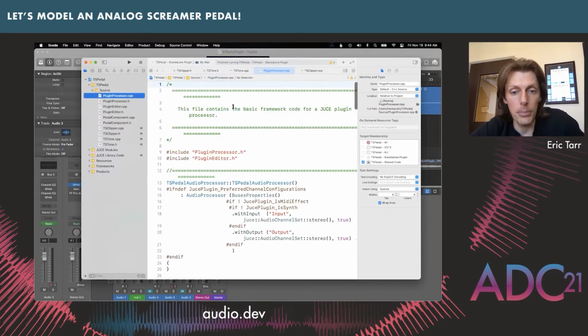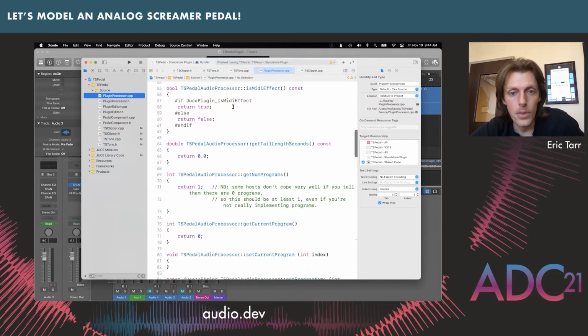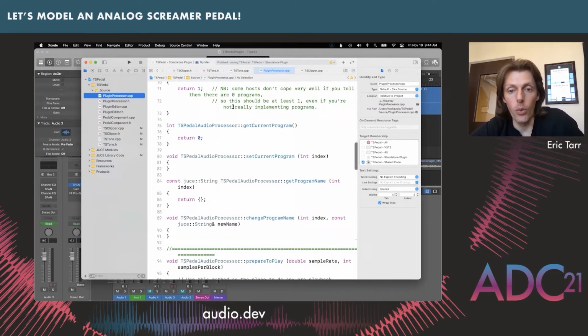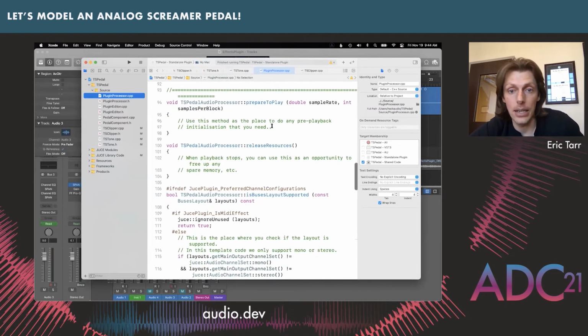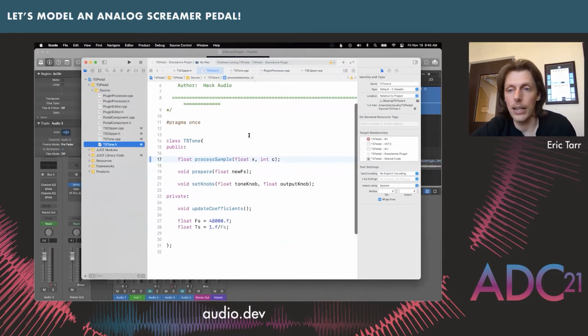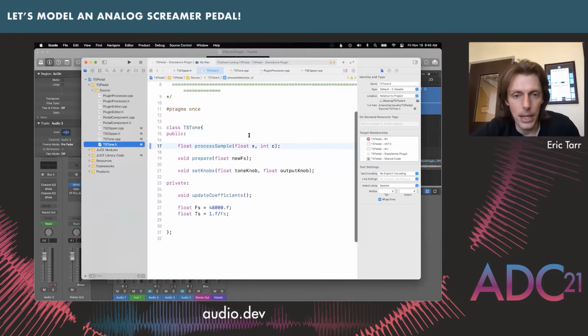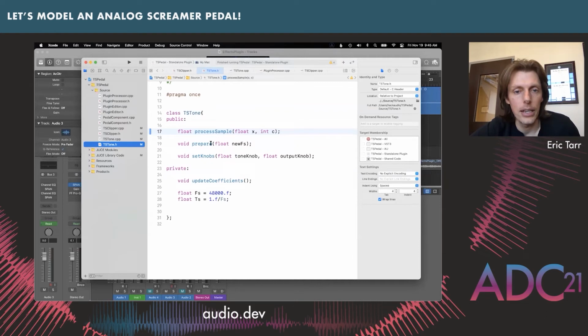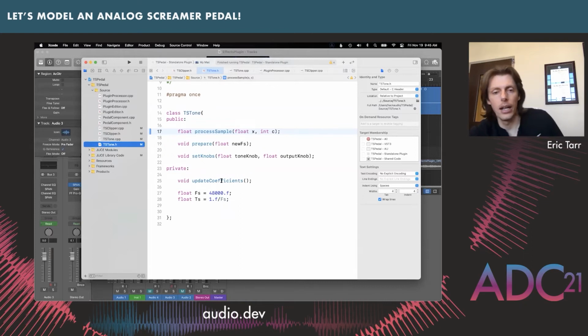So over here in our plugin processor, we are going to want to pass in the sampling rate and stuff to our classes. I should mention, I've got these prepared ahead of time, bare bones skeletons that we'll want to use, where we have process sample, prepare and set the knobs, and then some coefficients that we're calculating as well.